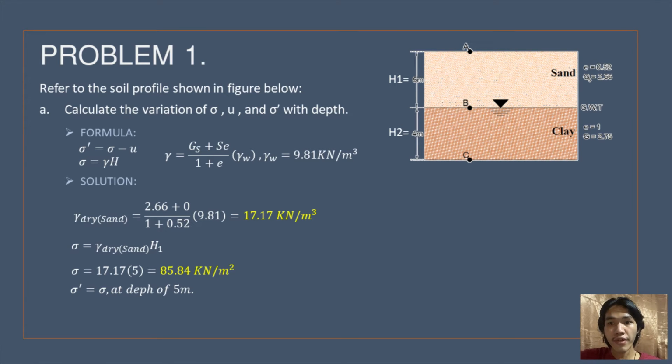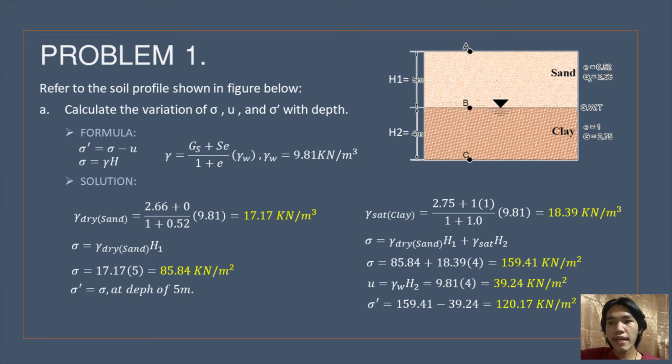We can now solve for the total stress, which is equal to the unit weight of the dry sand times its depth. That would be 17.17 times 5, which is equal to 85.84 kilonewtons per square meter. Because it is not submerged in water, our pore water pressure is equal to 0. That would give us the effective stress equal to the total stress.